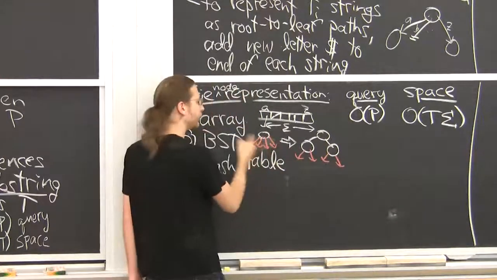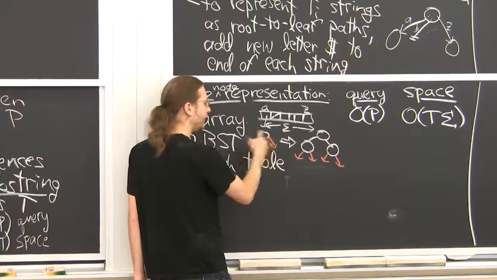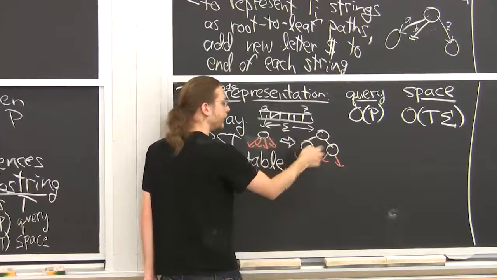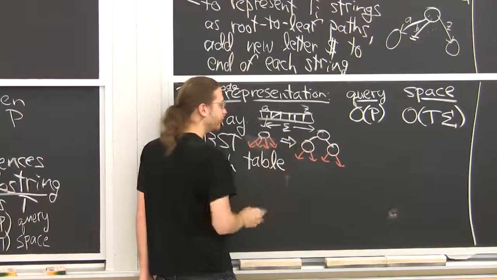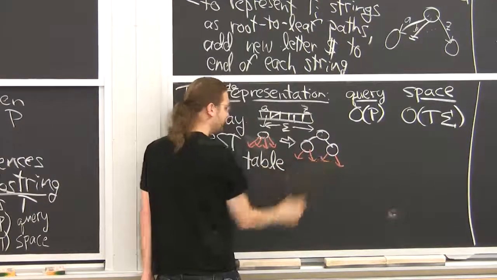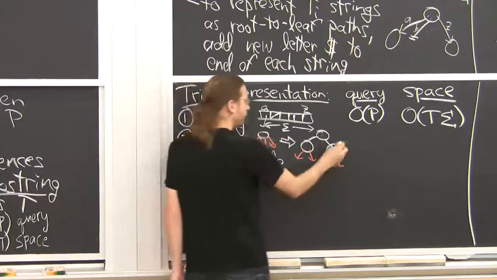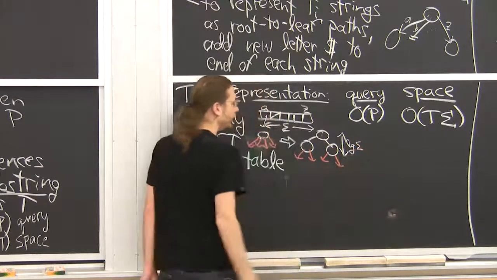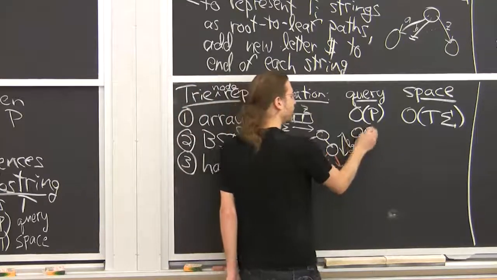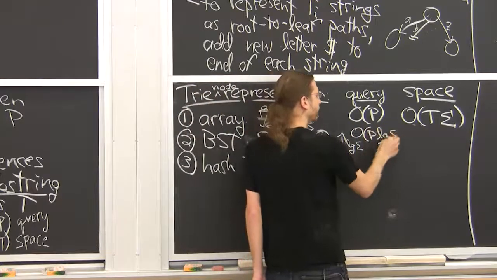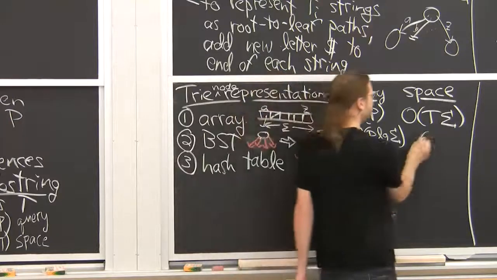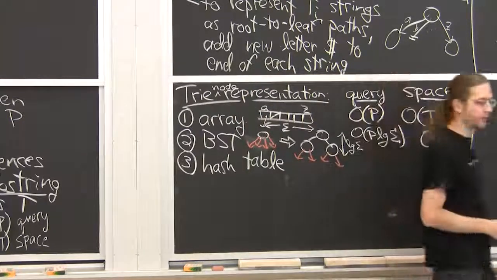Those are the actual letter pointers you want to follow. So the idea is to expand out this high-degree node into binary nodes. You put appropriate keys in here so you can do a binary search. And then eventually you get down to where you need to go. So this structure has height log sigma, and so the query time is going to be P log sigma, so that goes up a little bit. Not perfect, but the space now becomes linear, so that's an improvement.